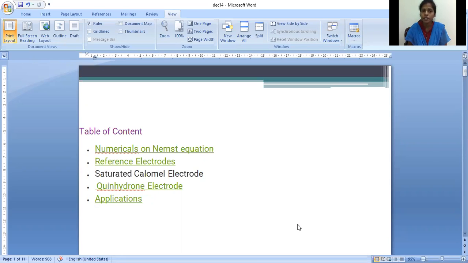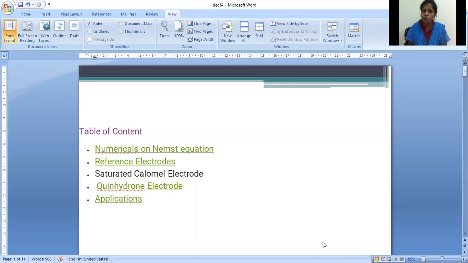The Nernst equation is the relationship between electrode potential and the standard electrode potential, temperature, and reaction quotient. So E is equal to E naught minus 2.303 RT by NF log Q or K. That is the general Nernst equation.